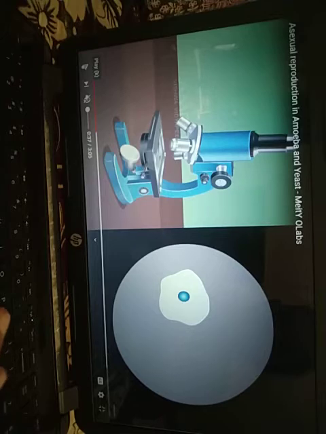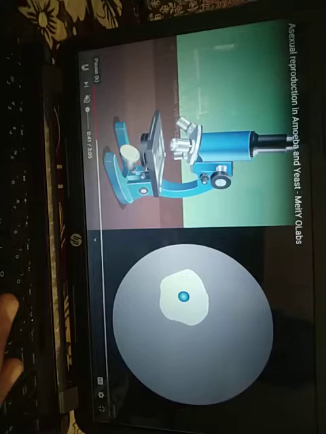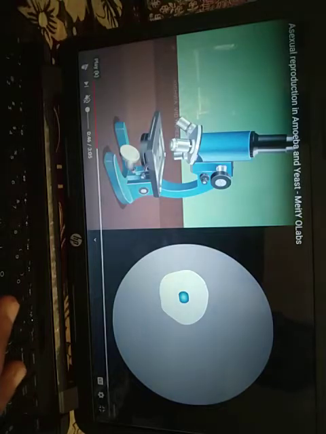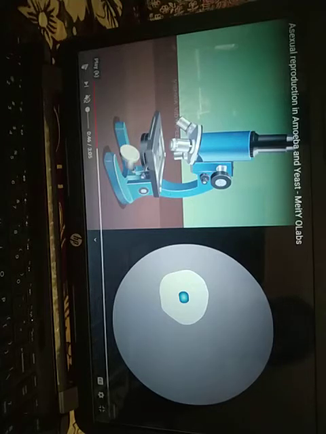Observation: if we take the living amoeba under the microscope, from fresh water or water from a stagnant water body, then we'll see that the nucleus slowly starts dividing. First it gets elongated, you can see.